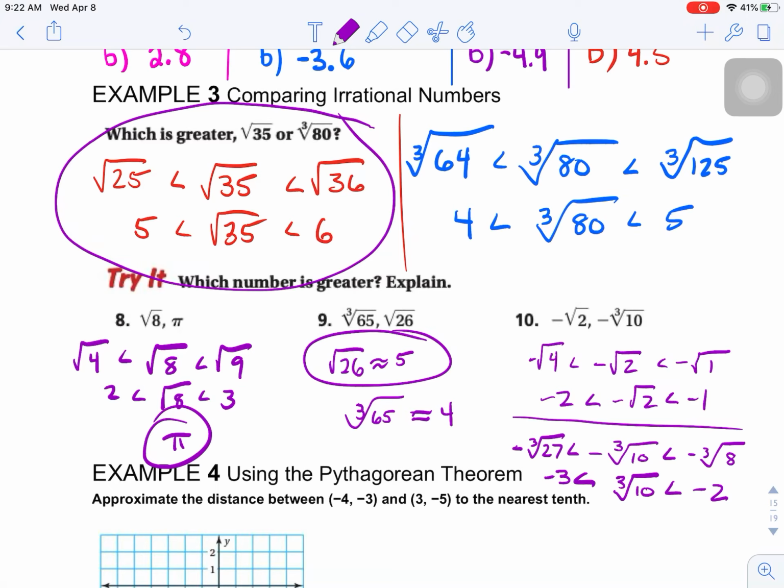So which one is greater? Well, that would mean the negative square root of 2 is greater, because between negative 2 and negative 1 on a number line is closer to 0, making that the greater number.